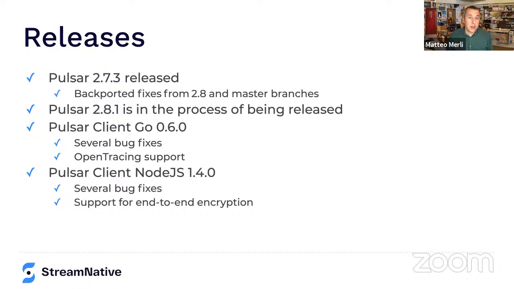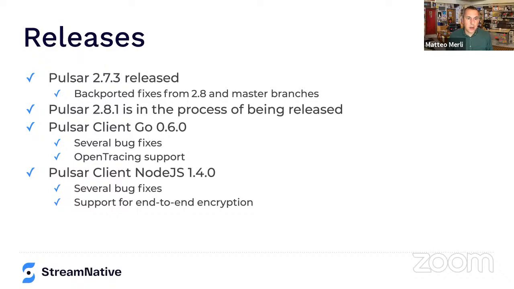And 2.8.1 will be the first patch release for 2.8. Again, it is in process, so probably towards the end of this week, or at the very start of next week, 2.8.1 should be out. There are not a lot of fixes since 2.8 was a very big release, so we'll pack in a bunch of fixes there.